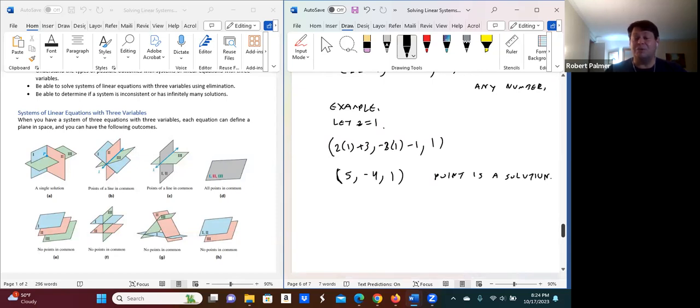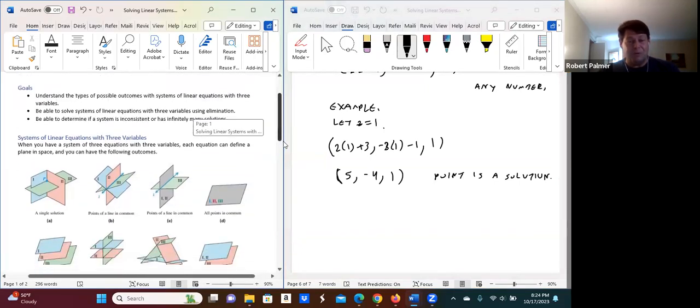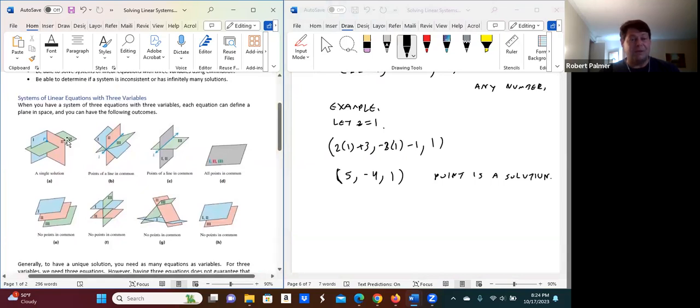Okay, so let's summarize what we've talked about today. When you're solving linear systems with 3 variables, if you have 3 equations, there are basically these possibilities. You can have one single solution. There are 3 ways you can have infinitely many solutions, and then there are essentially 4 ways you can have no solution to the entire system.